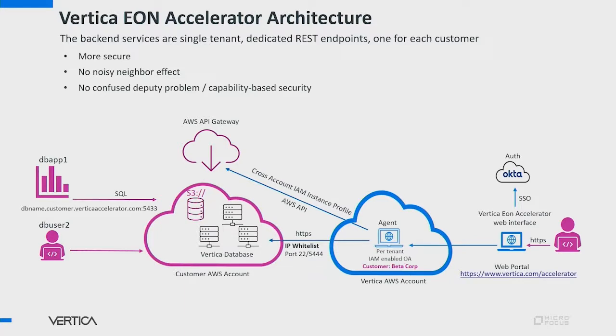The agent is not capable of issuing commands to any other customer. It is only dedicated for this one customer, and it can only work on behalf of that customer. And this is ensured by making sure that the agent is running with the IAM profile of the trusted user that was created. So any other command that does not belong to this customer would fail.